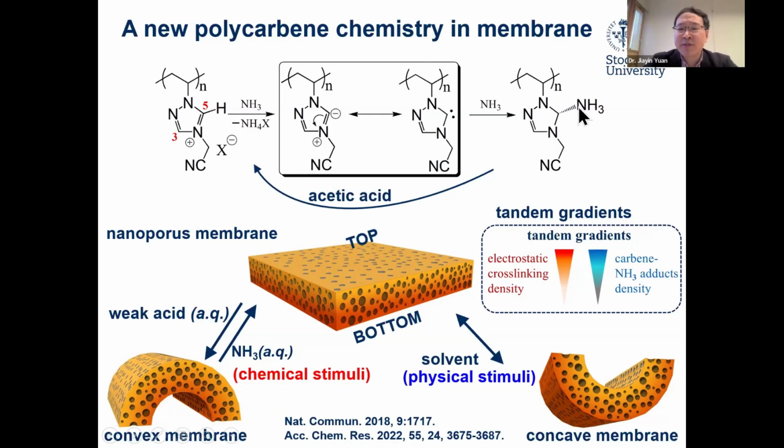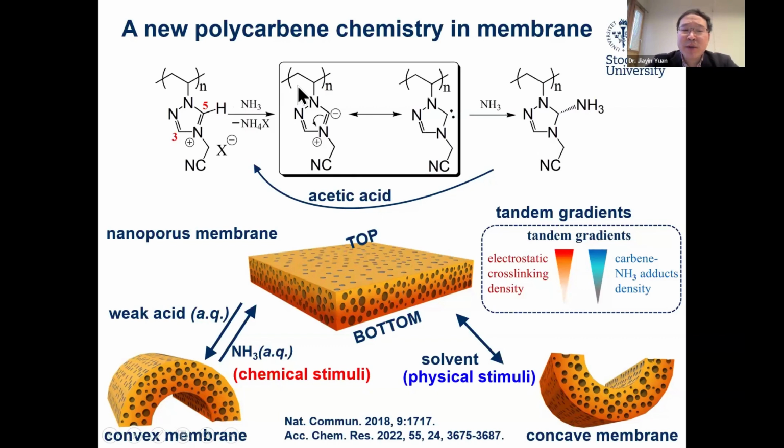This intermediate reacts further with an amine molecule to form a neutral species, a carbene amine adduct.